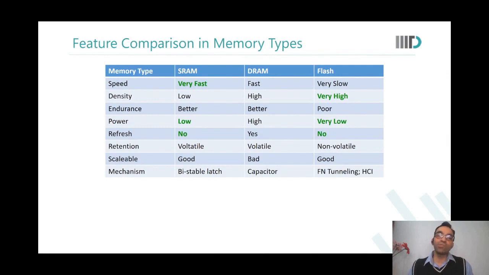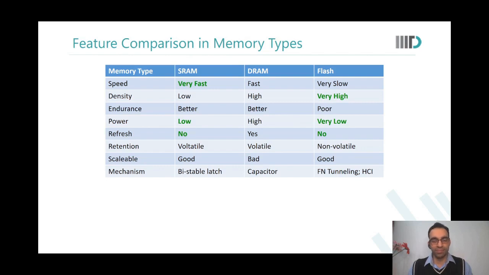In flash, we use special kind of devices where you have gate 1, silicon dioxide, gate 2, silicon dioxide, and then the substrate. FG MOS, floating gate MOS. You have a floating gate there in which you can trap charges. So when you trap charges, the VT would change, and then you will be able to say what kind of data is stored there.